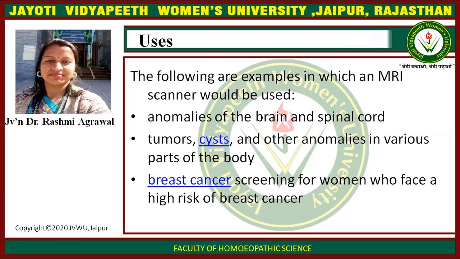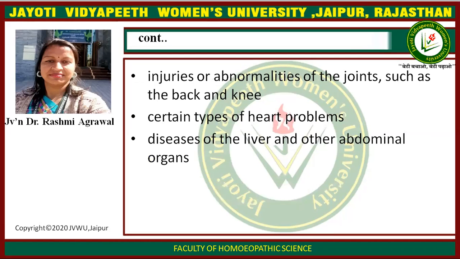Also tumors, cysts, and other anomalies in various parts of the body. Breast cancer screening for women who face a high risk of breast cancer. Injuries or abnormalities of the joints, such as back and knee. Certain types of heart problems, and liver and abdominal organs. These diseases are detected by the MRI.